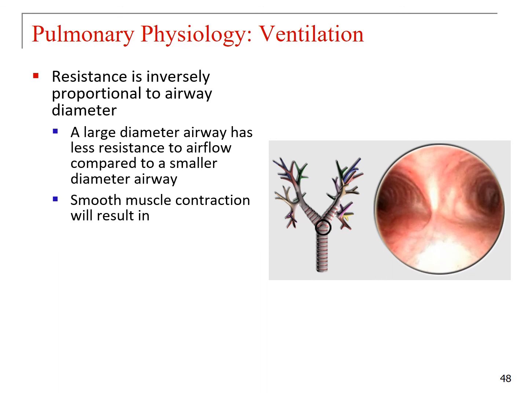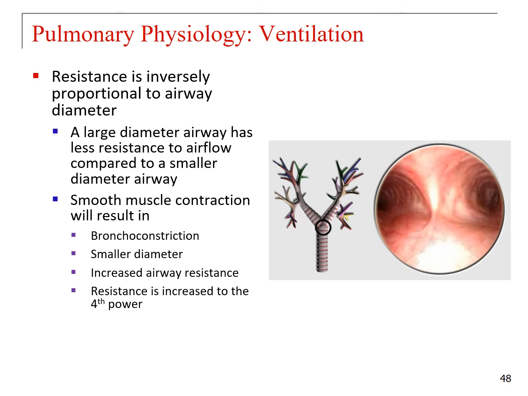This means that smooth muscle contraction results in bronchoconstriction, therefore a smaller diameter, therefore increased airway resistance. So the resistance is increased to the 4th power of the degree of the compression of the airways. So again, this is very similar to blood vessel vasoconstriction.